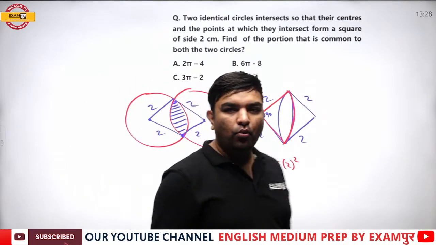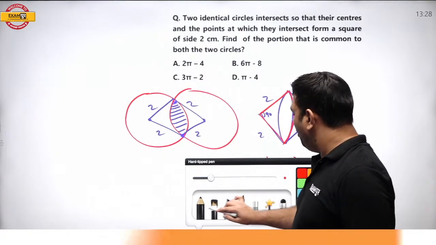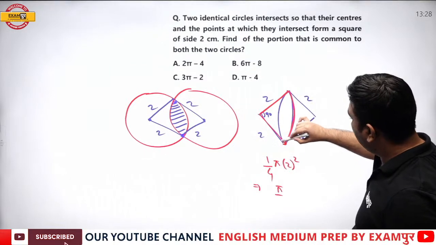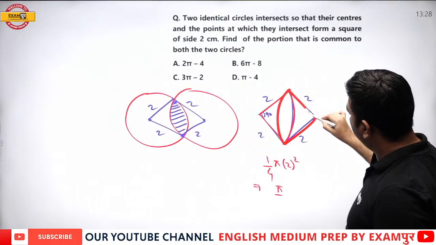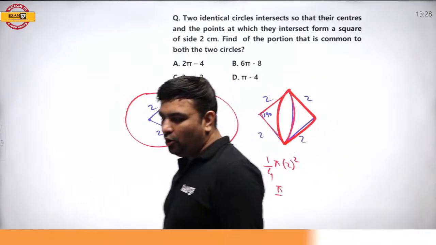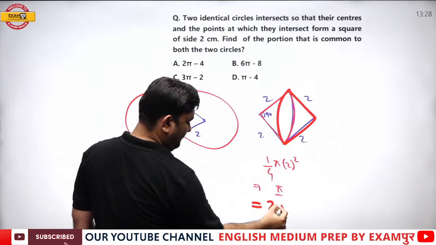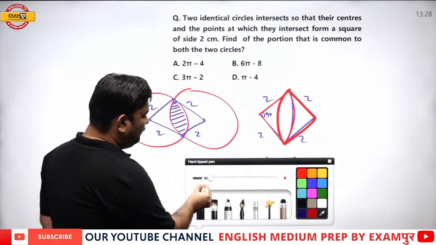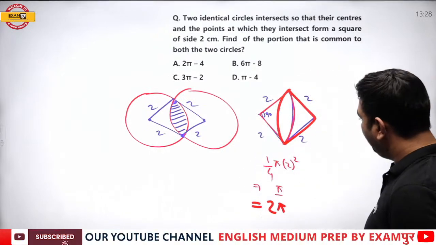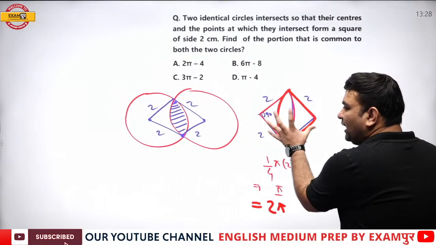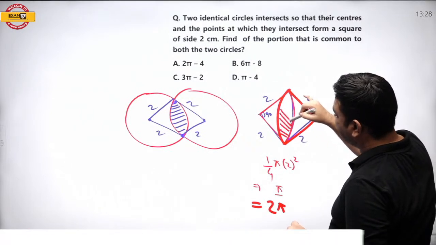There is one more arc like this. So now the area of both the arcs is going to be 2 pi. Now, when you have added both the arcs, this is the portion which you have added 2 times.